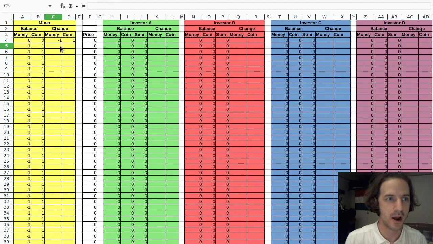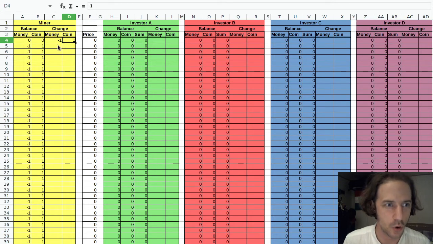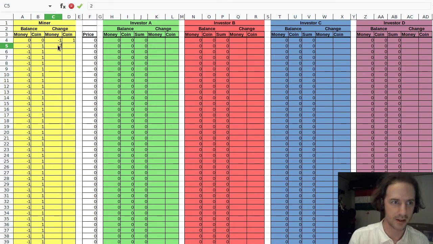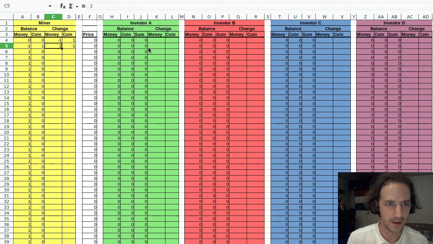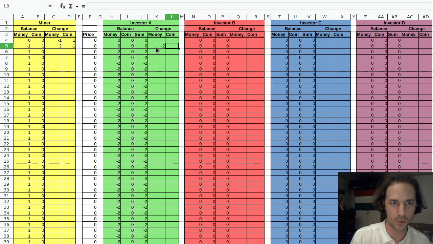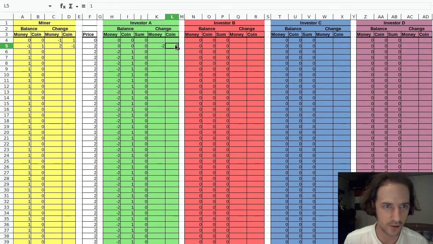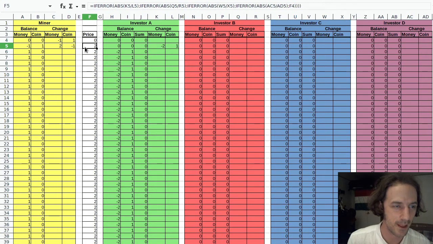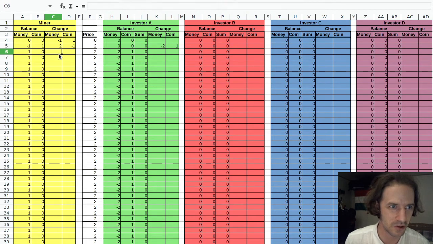Our miners spend the electricity to mint one coin, and then maybe they can sell this one coin for 2 units of currency. And so maybe this investor A will purchase the coin for the 2 units of currency. And you can see that now the price has gone up from 0 to 2.